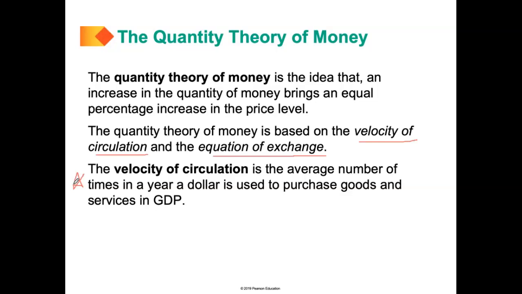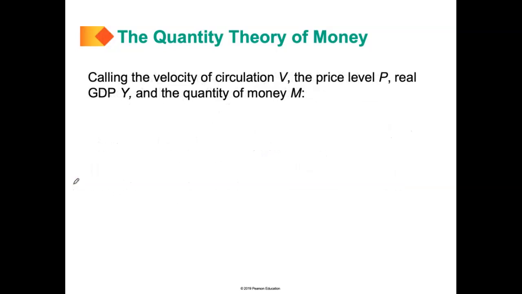Now we can actually write an equation. We can say that the velocity of money is V for velocity. The price level is P for price. We will look at real GDP, which is Y. We already know GDP is Y. And then the quantity of money is M.